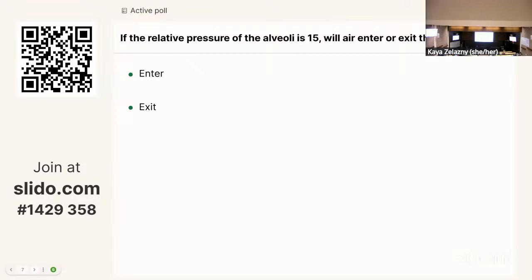All right, so if we have the relative pressure, PALV, of 15, are we talking about breathing in or breathing out? All right, let's take a look.